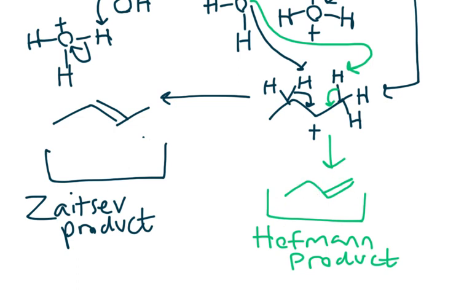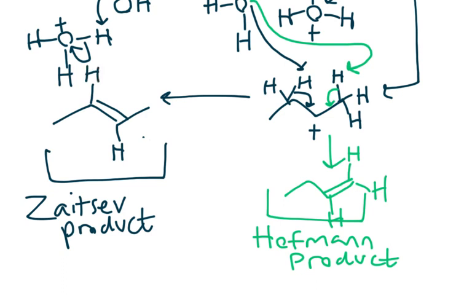So the Zaitsev product is always going to be more prevalent, and the Hoffman product is not. And the way I remember these guys is Zaitsev is substituted and Hoffman is hydrogen, because there are more hydrogens on this one. There's 3 hydrogens here. Meanwhile, on this one, there's only 2 hydrogens.